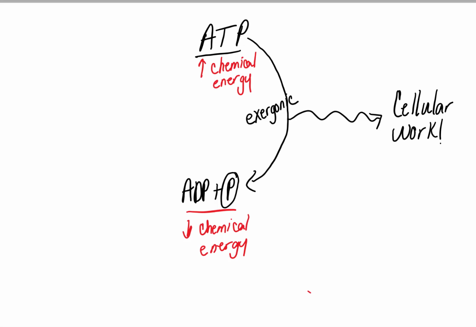So our cellular work are examples of endergonic reactions. They require energy. So this could be transport work, like we've seen in a previous module, where we're moving substances against their concentration gradient, requiring energy, requiring ATP. This could be chemical work, the synthesis of macromolecules, like associating amino acids by covalent bonds, requiring energy. And this can also be mechanical work.